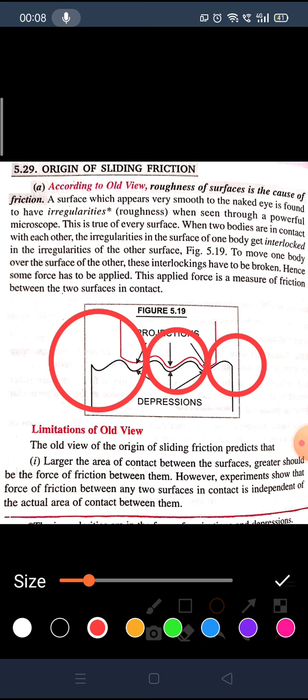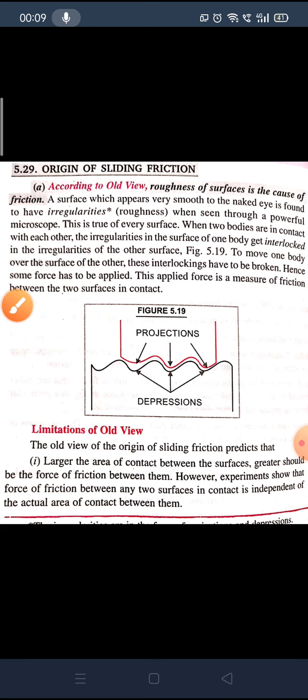Because of the roughness of the surface, the friction arises according to the old view. This is true of every surface, and when two bodies are in contact with each other, the irregularities in the surface of one body get interlocked with the irregularities of the other surface. You will see the interlocking in the figure.